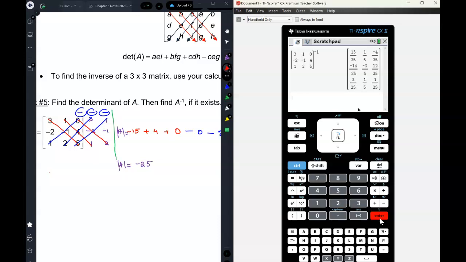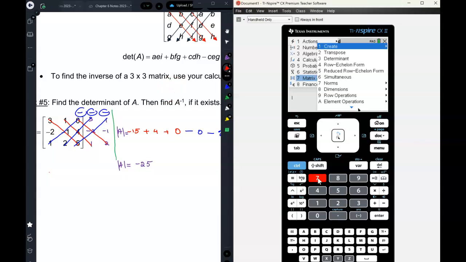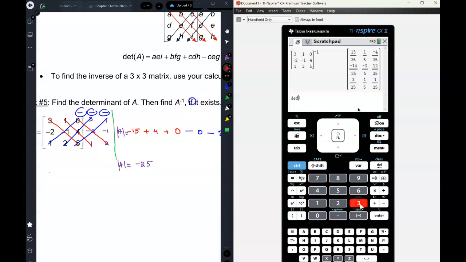Okay, now we're going to do something else. Watch. Go to menu, 7 for matrix and vector. 3 says determinant. Let's do determinant. Well, no. So I do want to put a matrix. At this step, you can either create a new matrix or I actually want to insert this one.